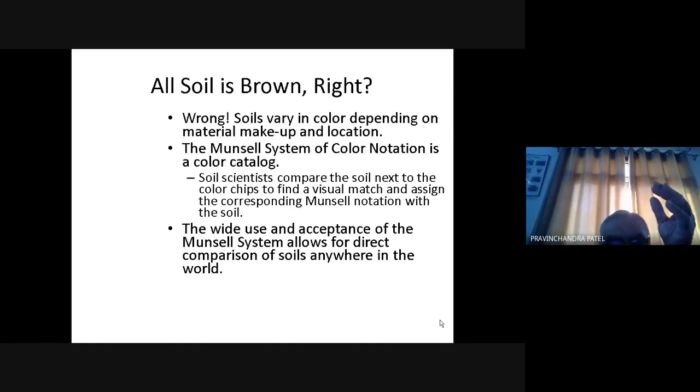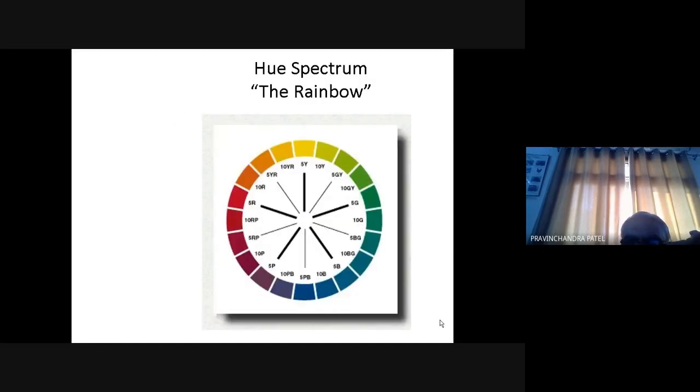The wide use and acceptance of the Munsell system allows for direct comparison of soil anywhere in the world. So you can use the Munsell color throughout the world, and you can find that in a particular area, such type of soil has such color, and you will find the characteristics.